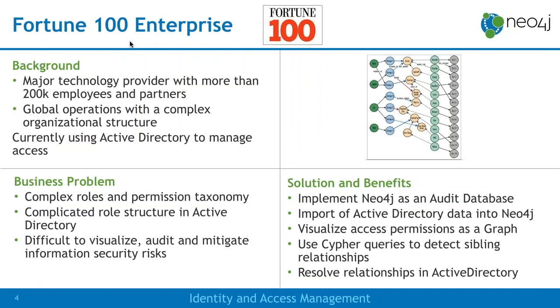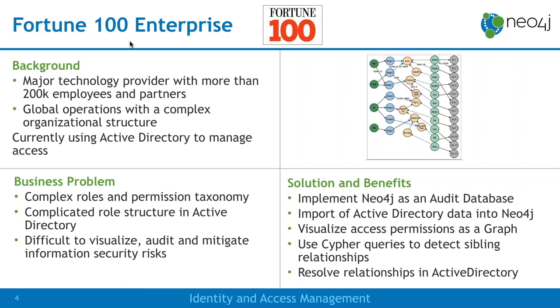But I do want to say, we have a customer in the Fortune 100 category that is using Neo4j just for this scenario. They have hundreds of thousands of employees and partners in their organization, and they've discovered that as their Active Directory group structure has grown over time, it's become quite complex.